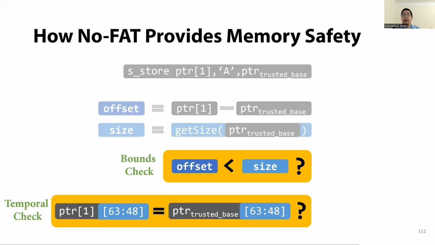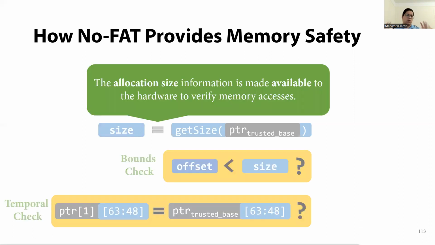We also generate a random 16-bit value upon memory allocation and store it in the upper pointer base. We can then catch temporal safety violations upon memory access by simply comparing the upper bits of the address and the trusted base. So in short, we make the allocation size information available to the hardware to help it verify memory accesses.